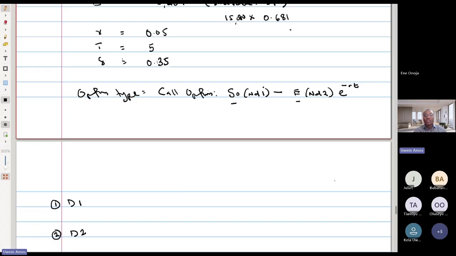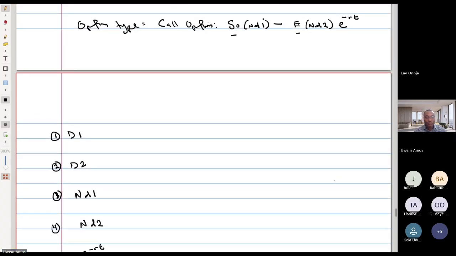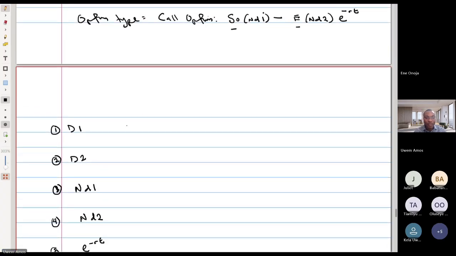So let's begin with our calculation for D1. There's a formula for calculating D1. It is the natural log of, in brackets, S0 divided by E, plus our risk-free rate, plus 0.5 multiplied by our standard deviation squared.